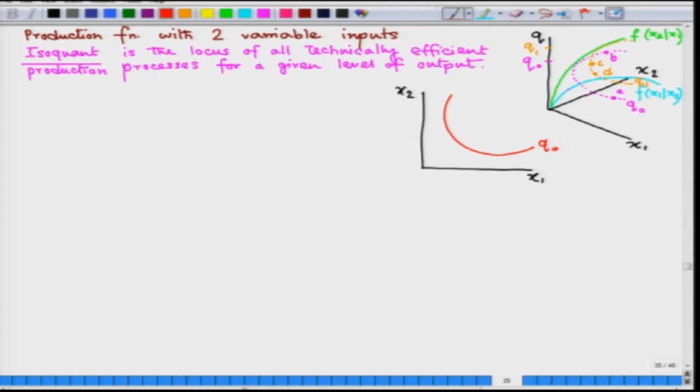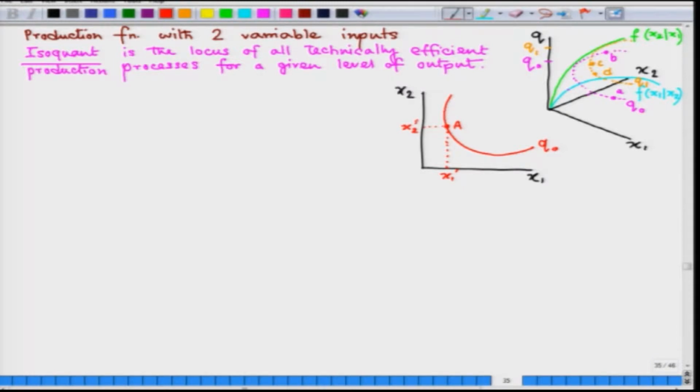Because note, take any particular point, say here, let me call this point A. This shows a specific input bundle to produce the level of output Q naught, and let me denote this as x1 prime and x2 prime.